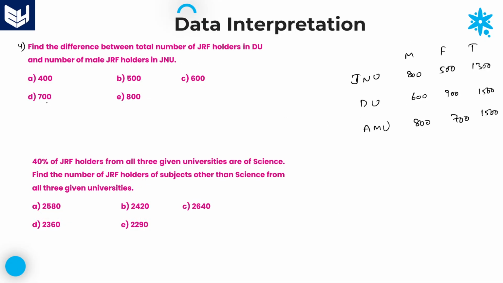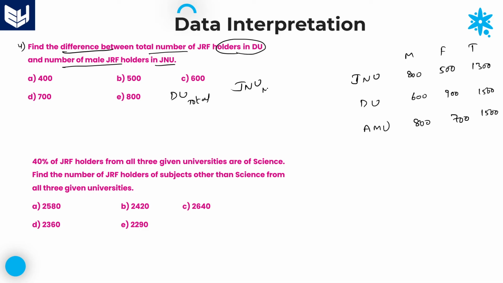Now, look at the question. Here we need to calculate the difference. Difference between which values? Total number of JRF holders in DU and the number of male JRF holders in JNU.